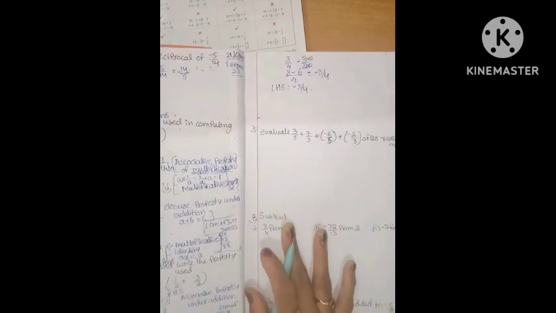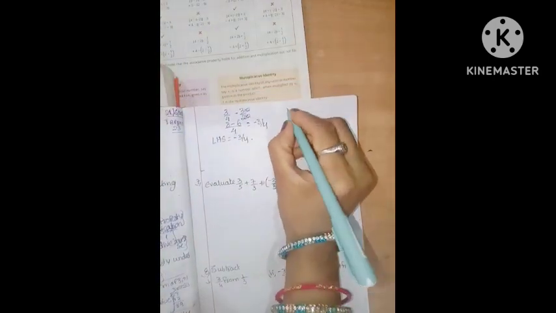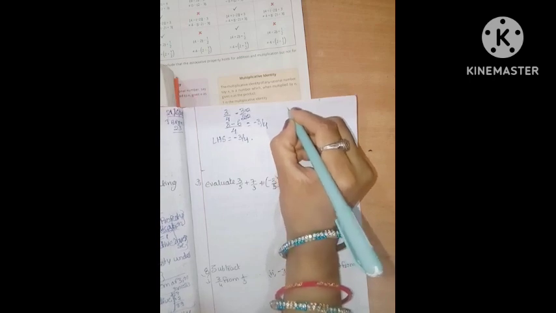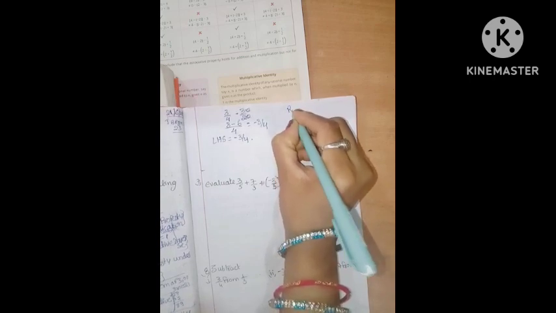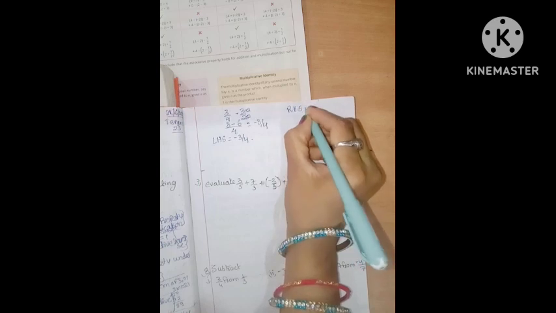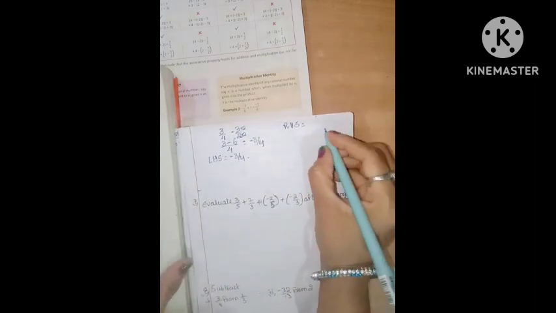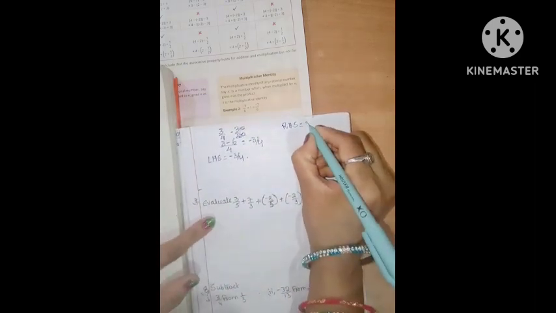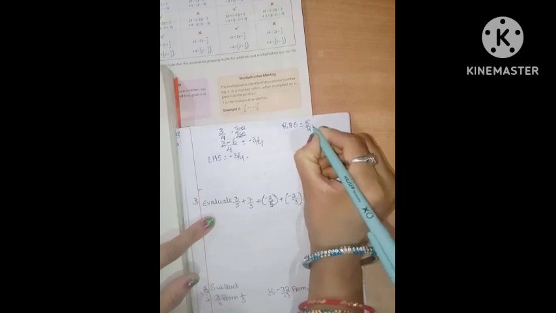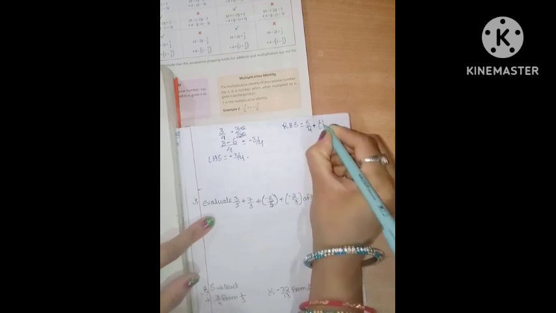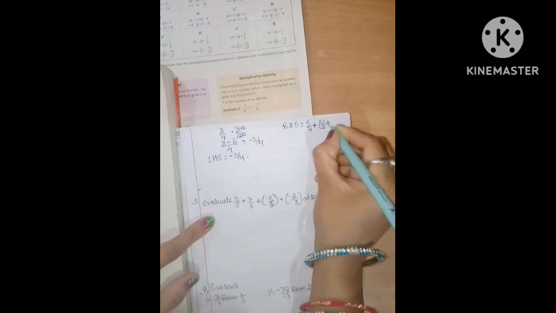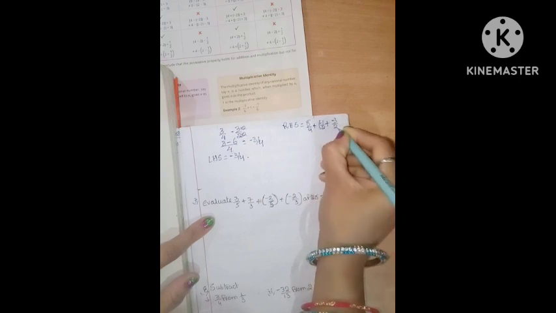Okay. Next, the RHS part. Next, verify the RHS part. Let us take the RHS part. RHS is 5 by 4 plus minus 1 by 2 plus minus 3 by 2.